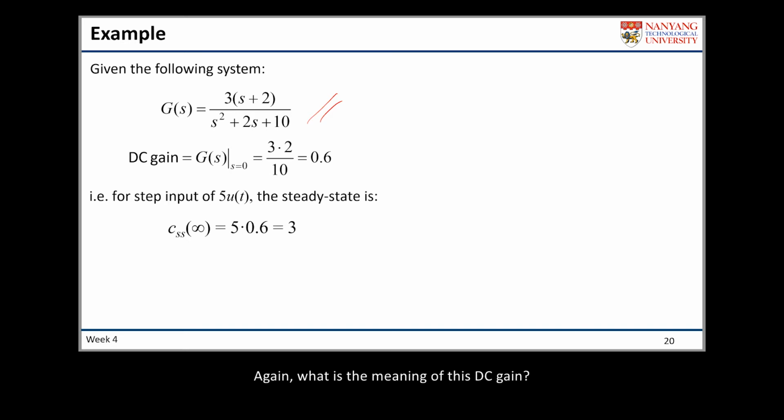Again, what is the meaning of this DC gain? This means if you give a unit step input to this system, the system with the transfer function of G(s), the final value of the output will be equal to 0.6. This is the final value when you give a unit step input.